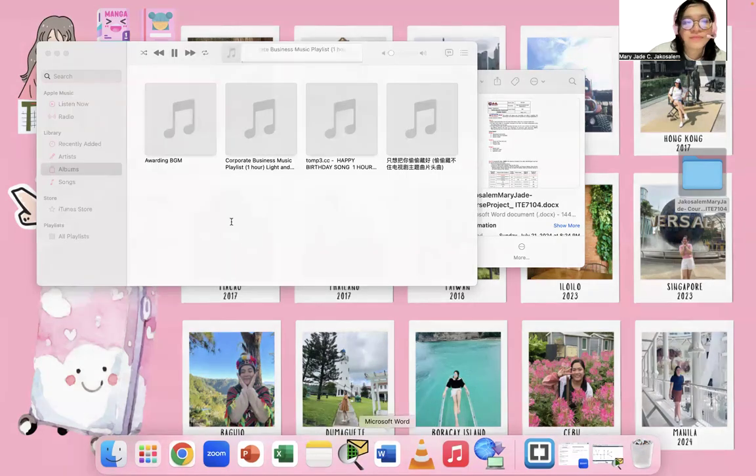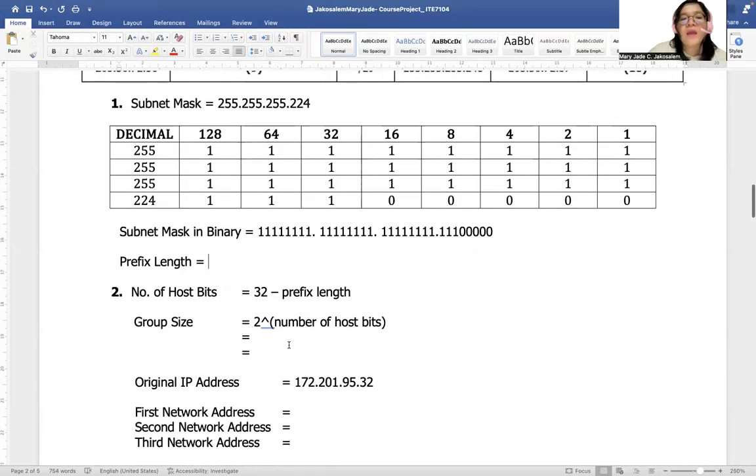Going back. Here, how do we know the prefix length? All you have to do is count all the ones, because the prefix length is the number of ones in a binary subnet mask.